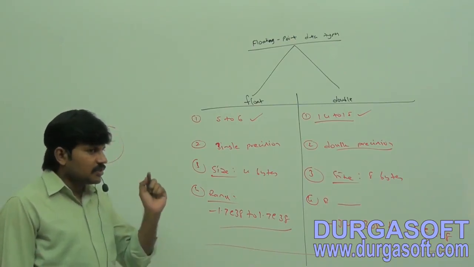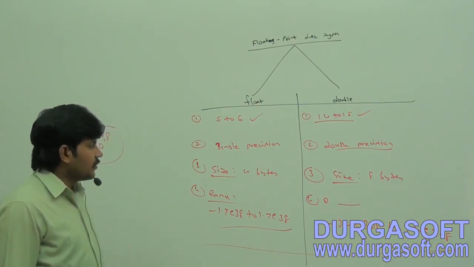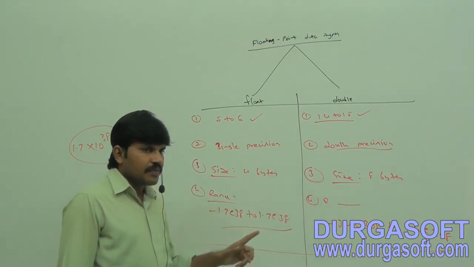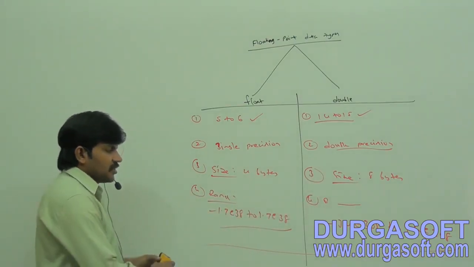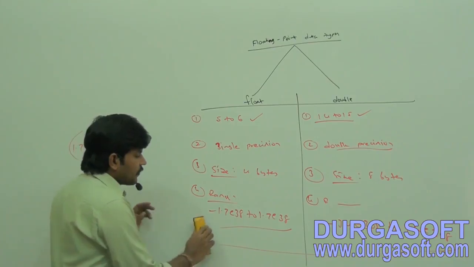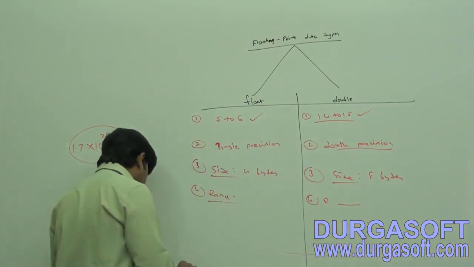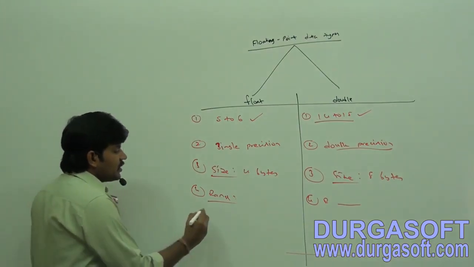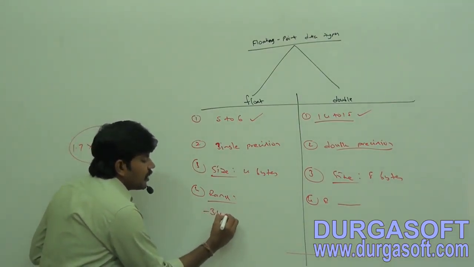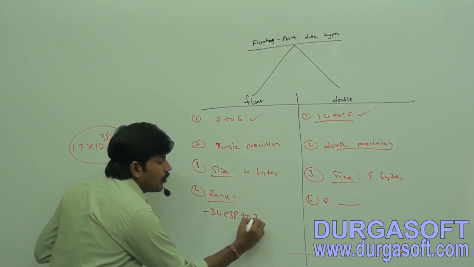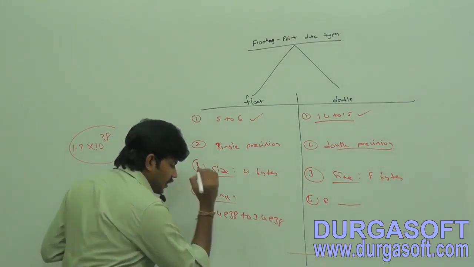And range-wise, a small correction is there; only up to sizes you can take as is. For range, just a small correction, it is reversed. Here, see, if it is float, the range is minus 3.4 E38 to 3.4 E38.